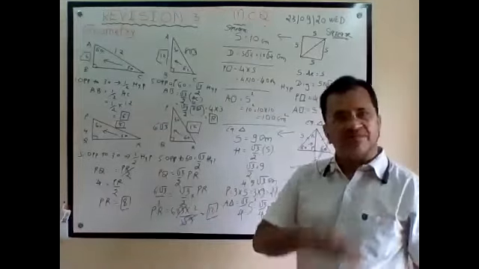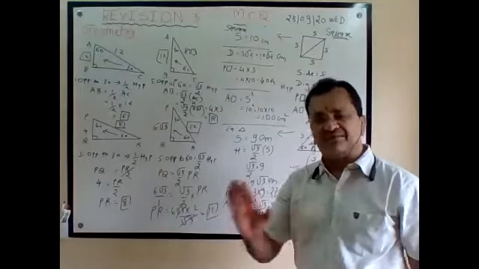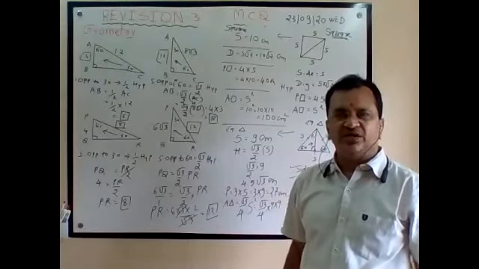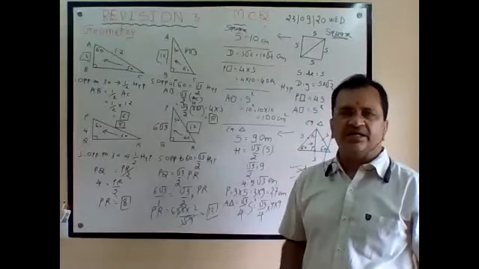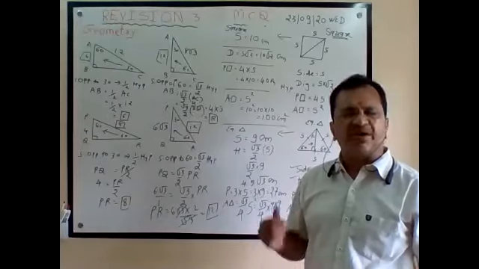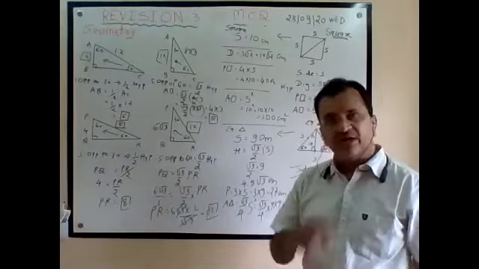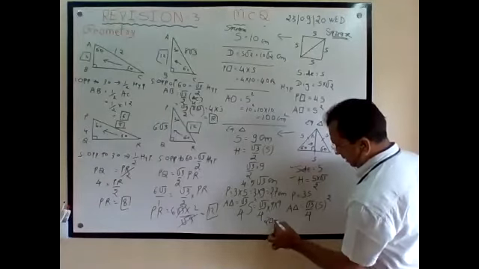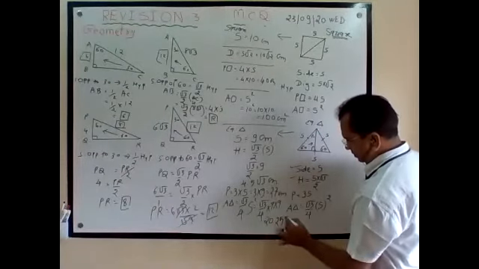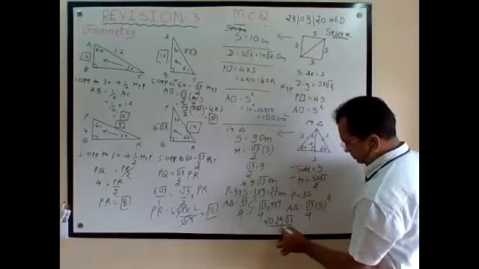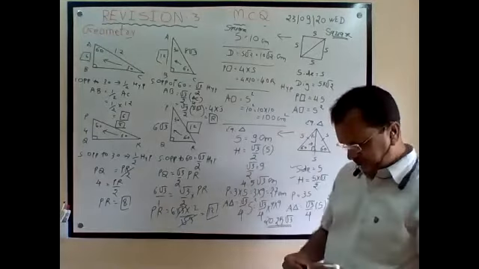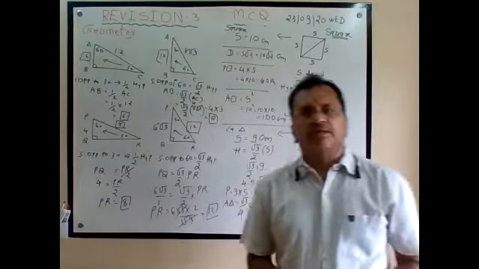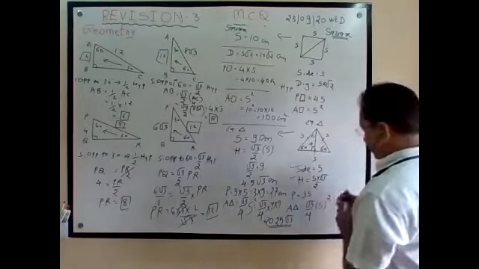It is divided by 4 means what? 4 part. Half of half. 81 half is 40.5. Again half, 20.25. So 20.25 root 3 centimeter square, sorry.